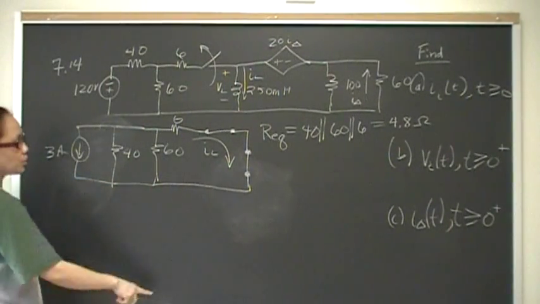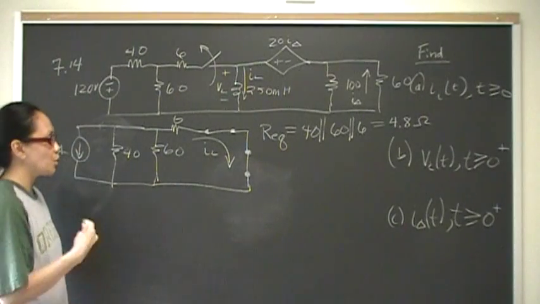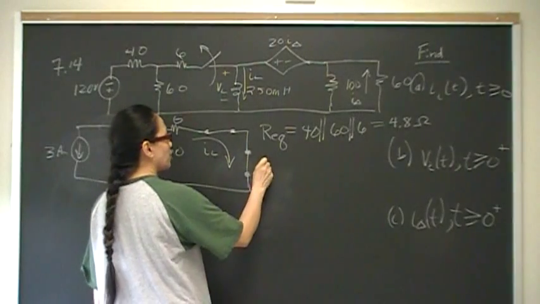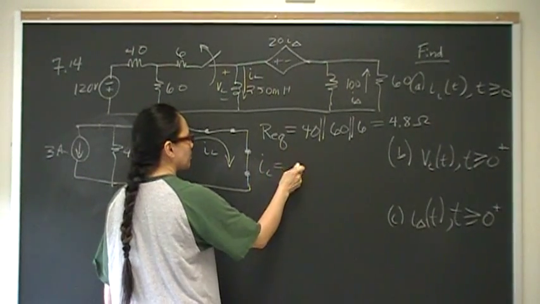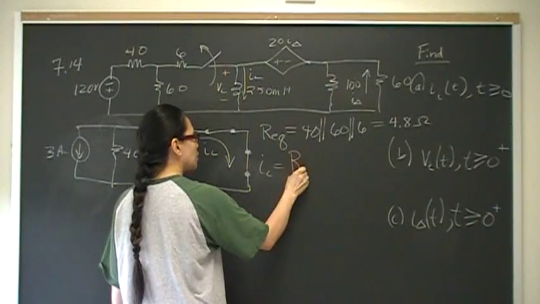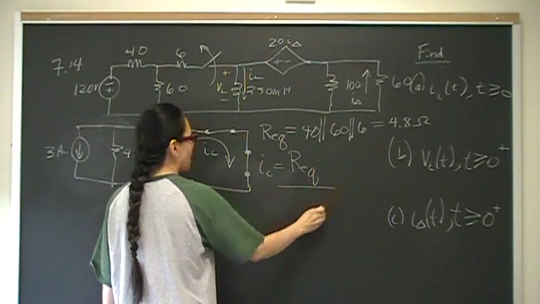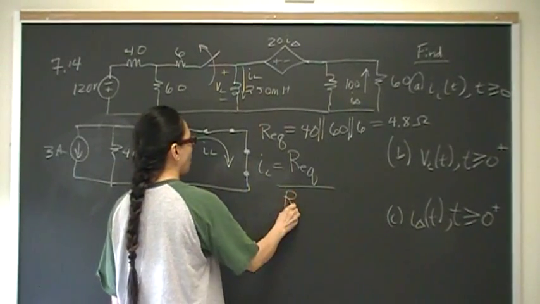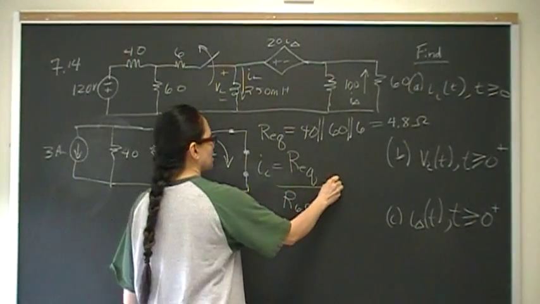The current through the branch that we're interested in: IL is going to be the equivalent resistance divided by the branch that we're interested in, which in this case is the 6 ohm resistor.